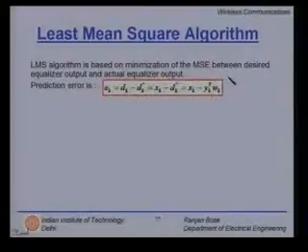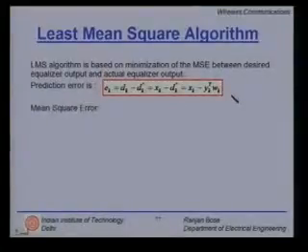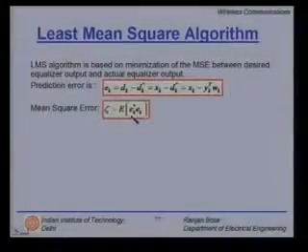The prediction error is given by e_k, given by d_k minus d_k hat, which can be expressed as x_k minus y_k transpose. This is the vector transpose of the delayed inputs, and this is the weight vector w_k. The mean squared error is nothing but the expected value of e_k complex conjugate e_k.